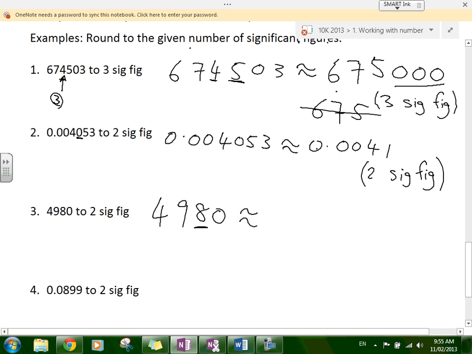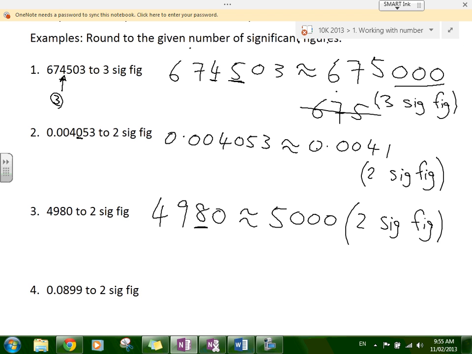Adrian, what happens when you round up 9? It goes to 10. So what's going to happen to this number? Yeah, that's right. So it's going to be 5,000. And you can still write two significant figures, although it's also one significant figure. So in this case, rounding to two significant figures is the same as rounding to one significant figure. So just make note of that to make sure you're rounding up correctly.